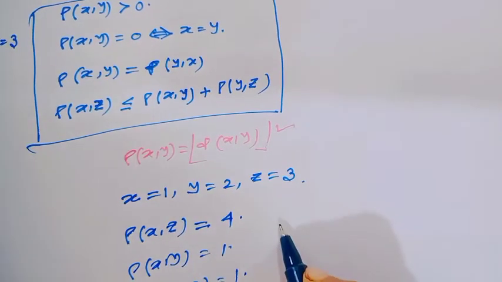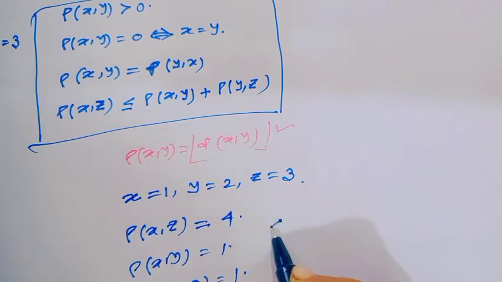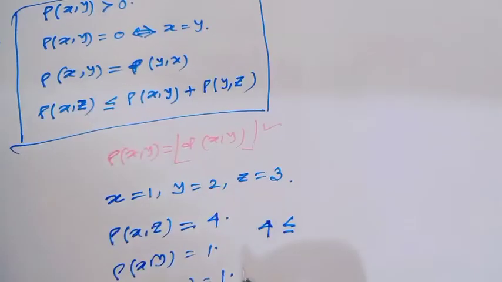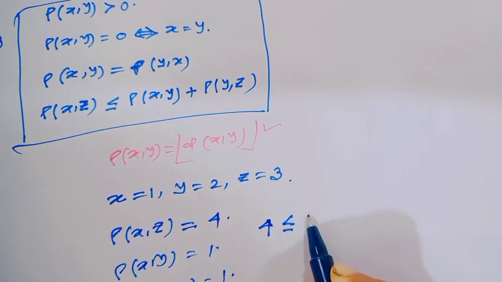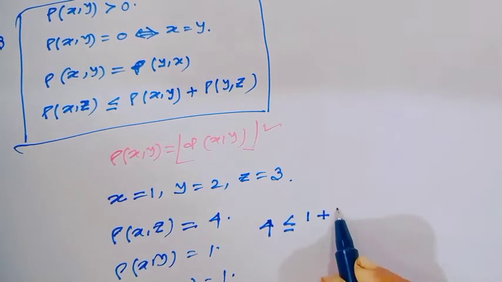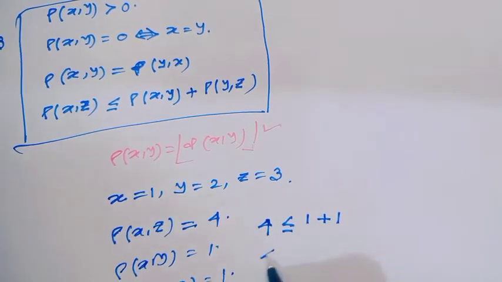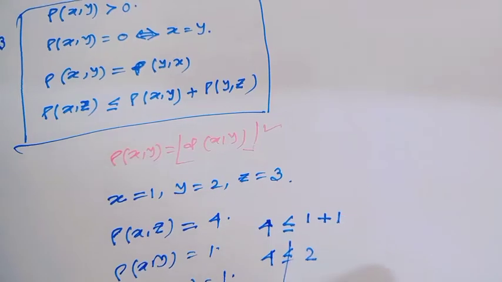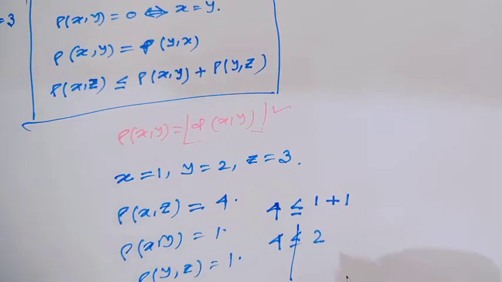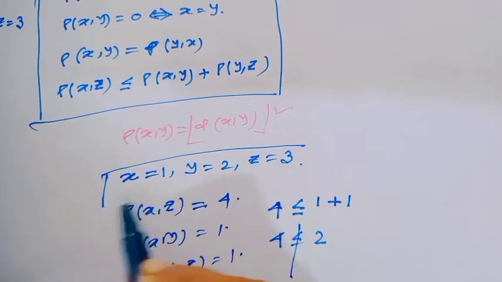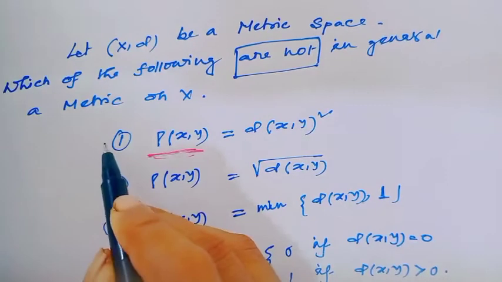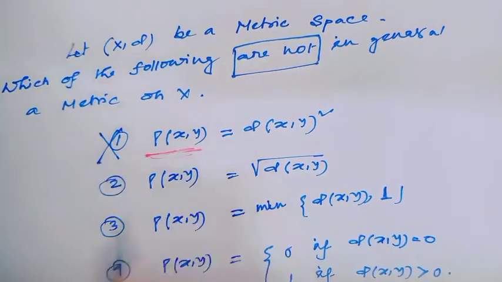Notice, rho of xz is 4, and rho of xy is 1 and rho of yz is also 1, and 4 less than or equal to 2 is not possible. So the triangle inequality has broken for these 3 points. So obviously option 1 is not a metric on X.